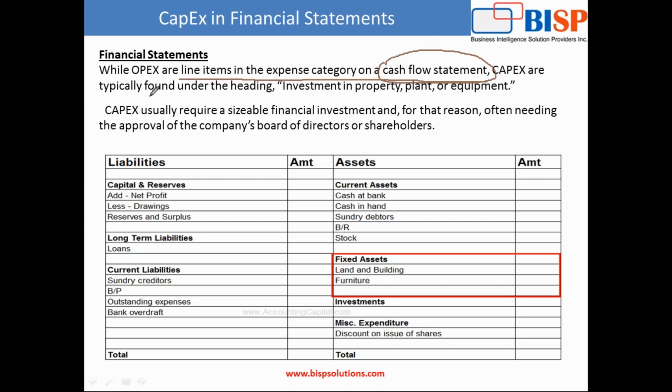Capital expense typically comes under investment in property, plant, and equipment. And CapEx usually requires a sizable financial investment. Right? You need huge money to procure a new office or a new office building. For that reason, it often needs approval. So we follow a certain approval process of a company, board of directors or stakeholders.